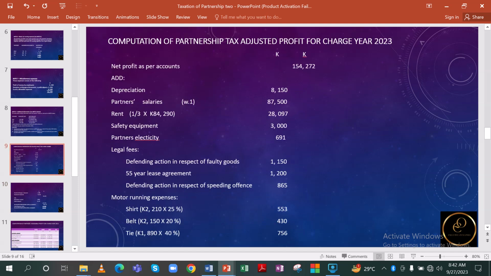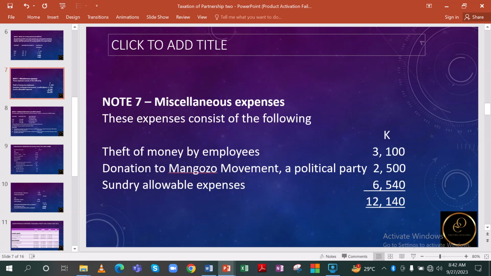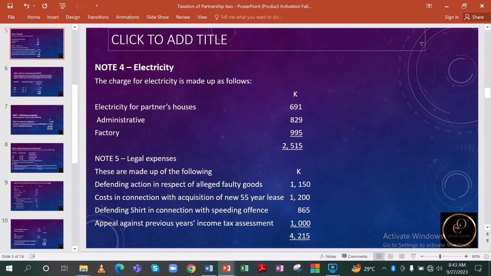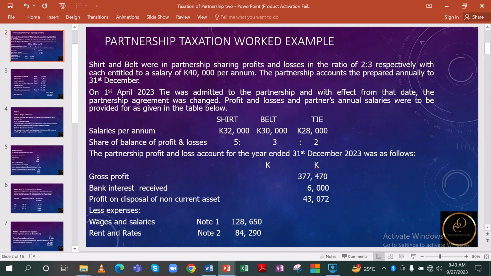Disallowed income. When you look at the income statement, it provides us with these inclusions: bank interest received and profit on disposal of non-current assets.